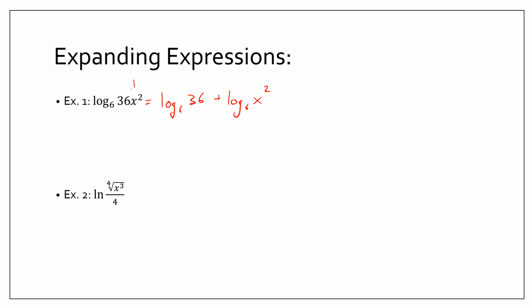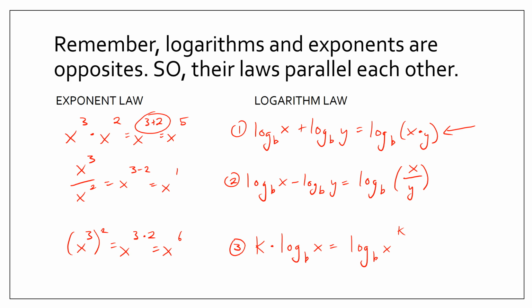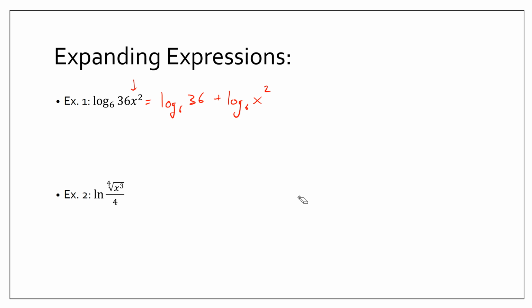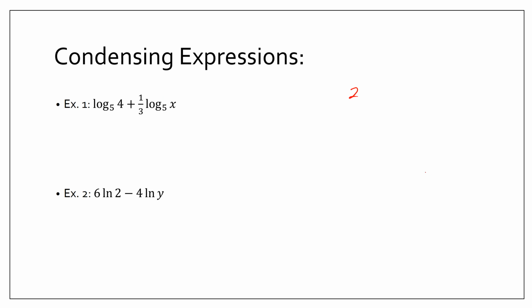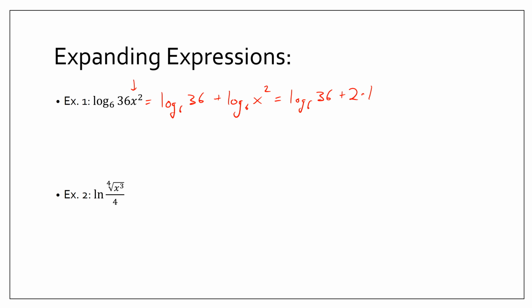I had the multiplication and I wrote it as two logarithms adding each other. Likewise, since I have an exponent in here, I can use this log law that says if I have an exponent, I can also write it as a multiplier. So let's do that in the second step. So this is log base 6 of 36 plus 2 times log base 6 of x.